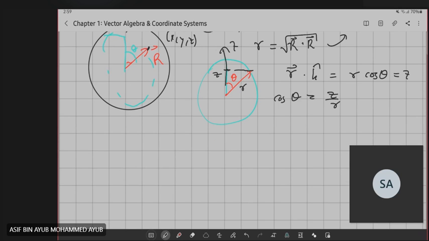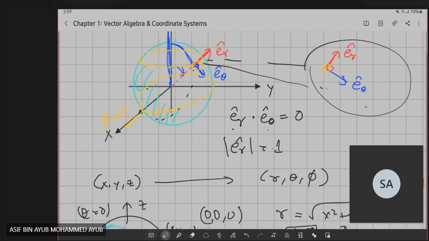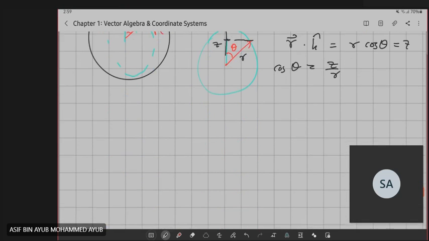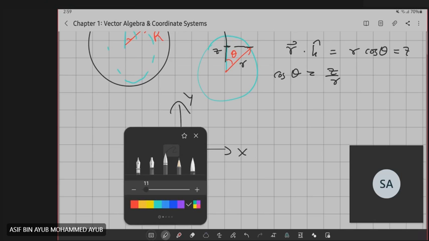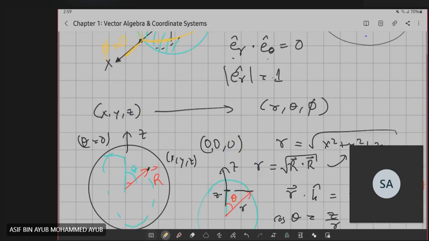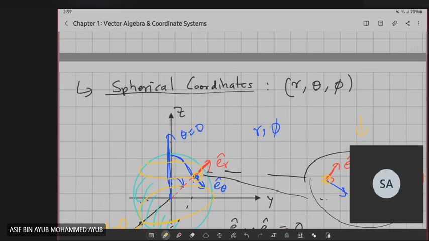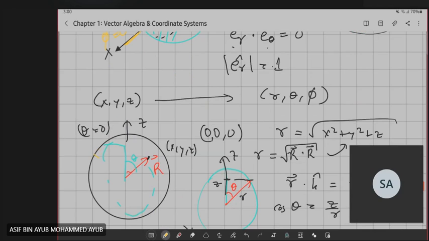Now, finding phi. Phi will be in the xy plane. It won't necessarily be in the xy plane itself, because you can move along the sphere, above the equator, and you'll have a circle of smaller radius.